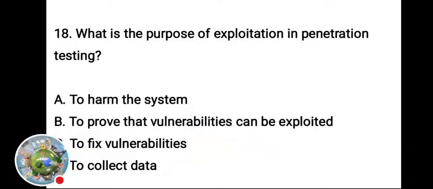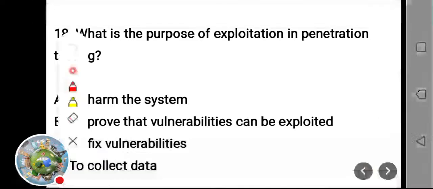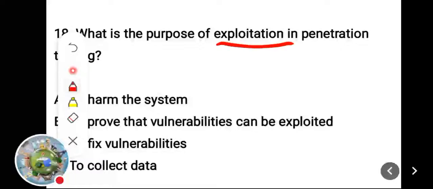Question number 18. What is the purpose of exploitation in penetration testing? Option A, to harm the system. B, to prove that vulnerability can be exploited. C, to fix vulnerability. D, to collect data. Exploitation means unfair.